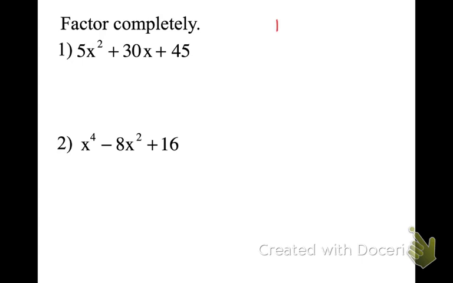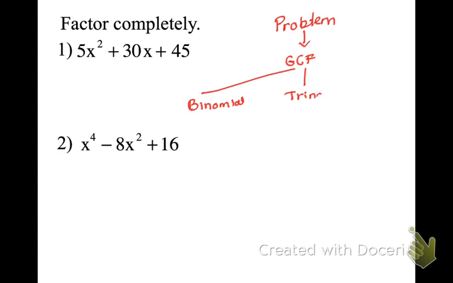Okay? The first thing we do, we start with a problem. And then the very first thing we do is the GCF. Okay, once we take out the GCF, we end up with either a binomial, a trinomial, or something with more than 3 terms.